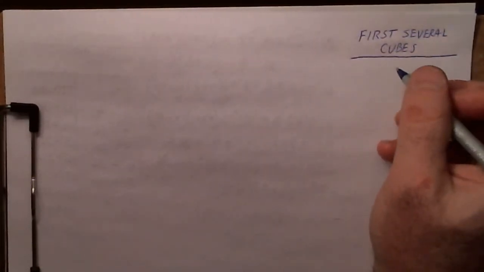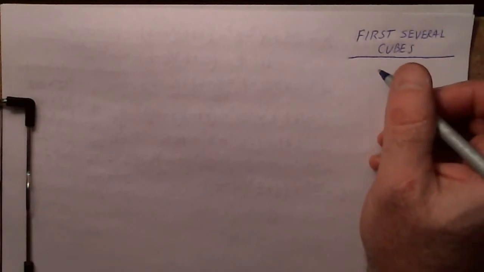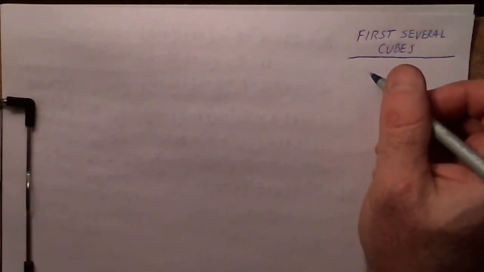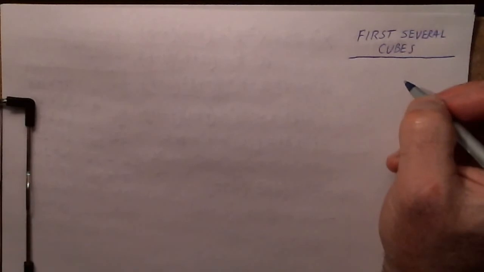I'm just going to list the first several perfect cubes. I'm not going to list all 20 of them because the perfect cubes grow quite quickly, and I'm not going to ever give you very large perfect cubes anyways in this course.